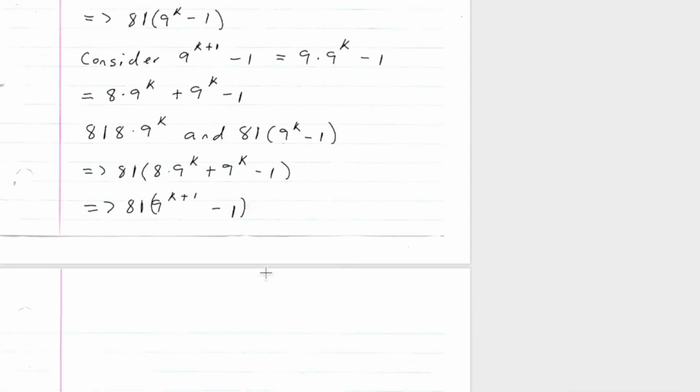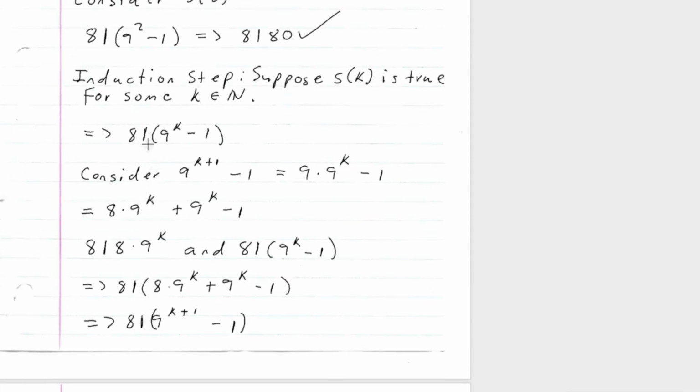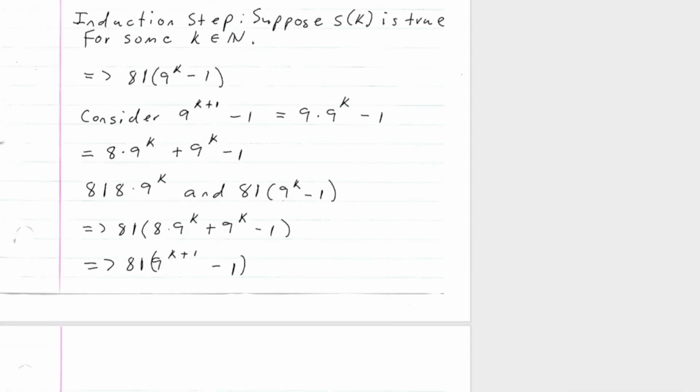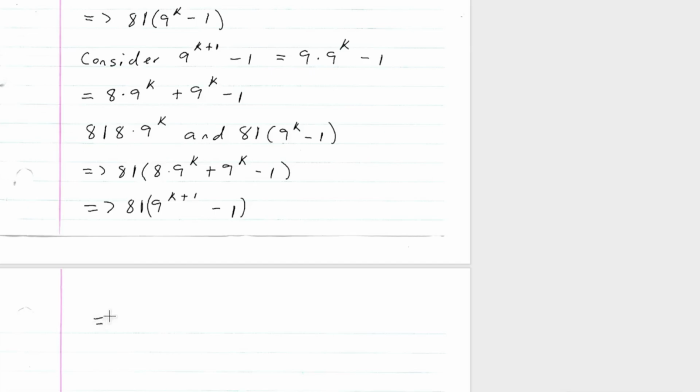So what this tells us is we proved that assuming that 8 divides 9 to the k minus 1, we're able to get 8 divides 9 to the k plus 1 minus 1, right? So this means that S of k plus 1, the statement involving k plus 1, is true, right?